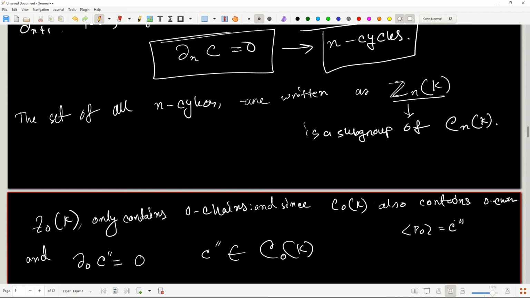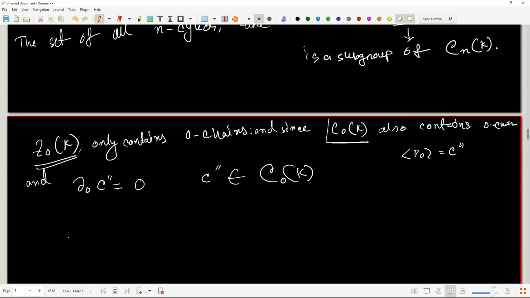Okay, so these are my n cycles, right? They're 0 cycles. So all the elements in C0 and all the elements in Z0 are the same thing. So we write it as Z0 of K equals C0 of K.